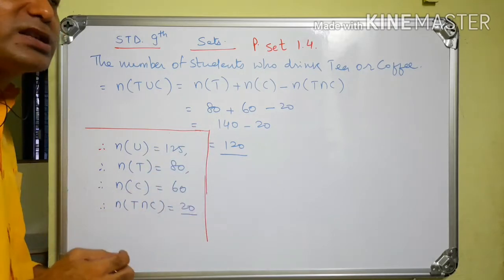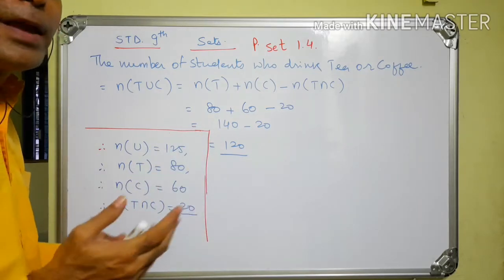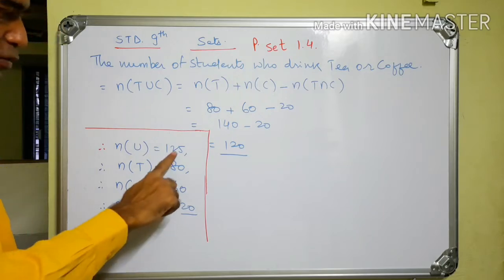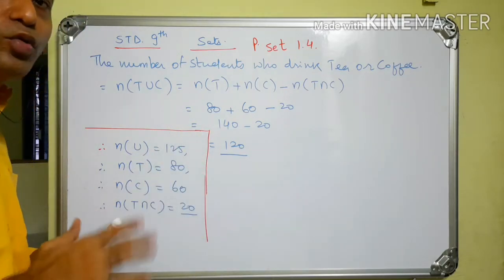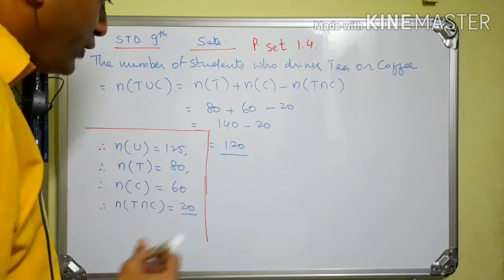So how many students are there who don't drink any of the beverages? Yes, 125 minus 120. 5 students are there who do not drink any of the beverages.